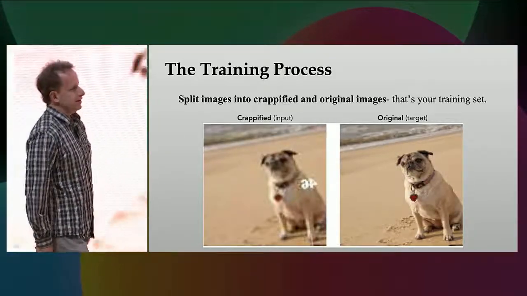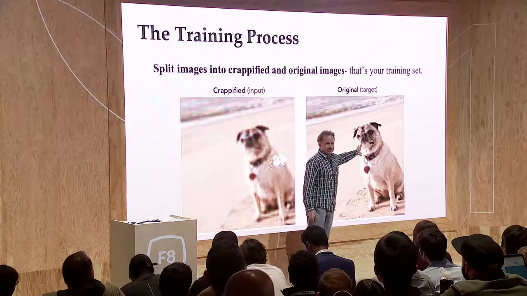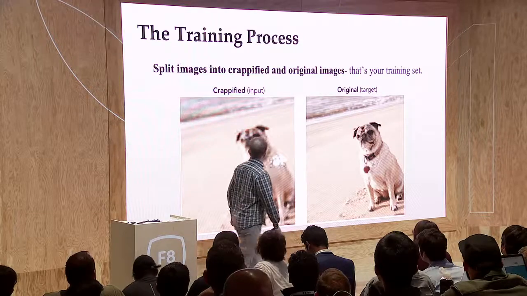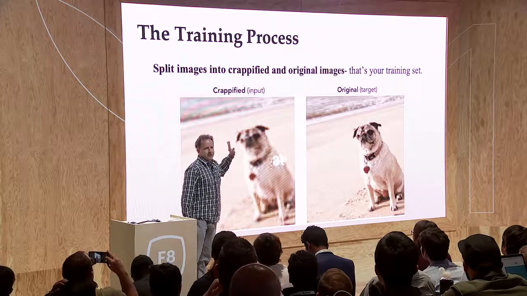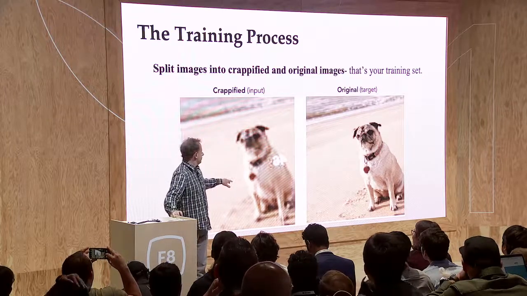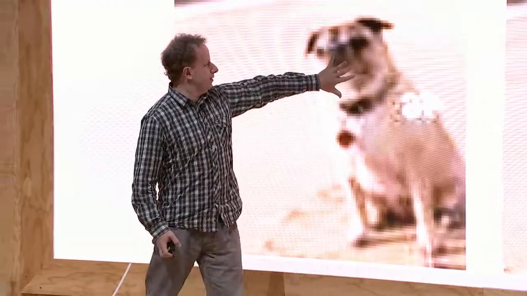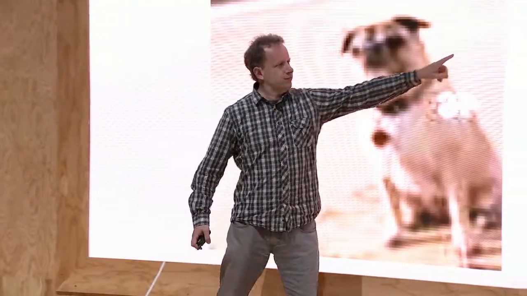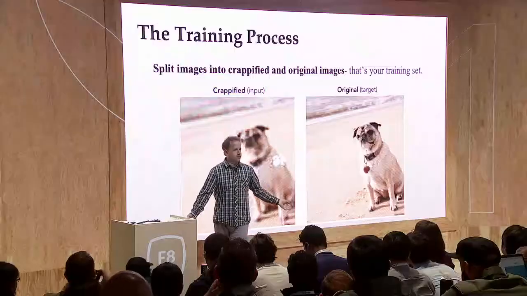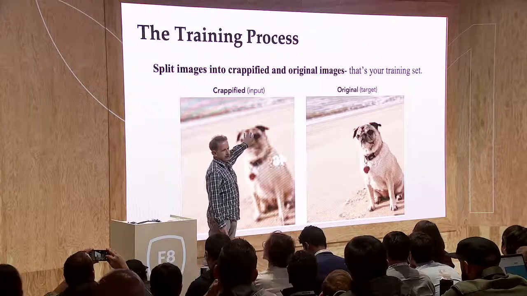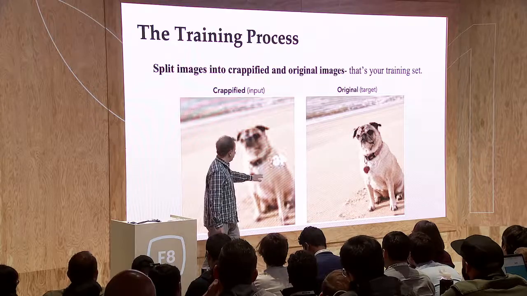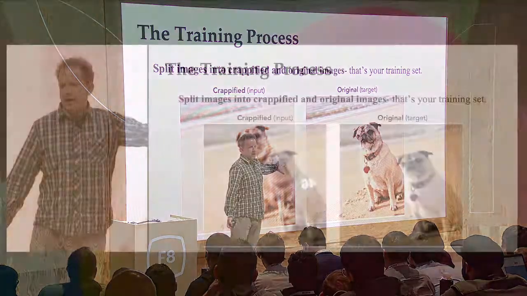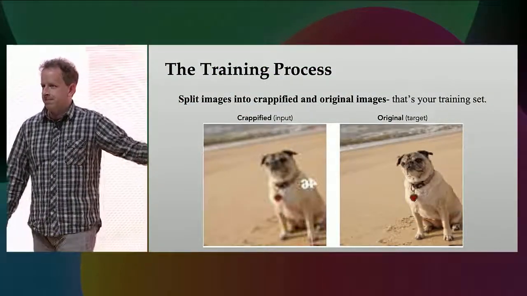This here is a regular image, and this here is a crapified version of this regular image. And in this technique that we taught in lesson 7 of the course, we showed how you can generate this from this in some simple heuristic manner. So in this case, I downsampled the dog, I added JPEG artifacts, and I added some random obscuring text.